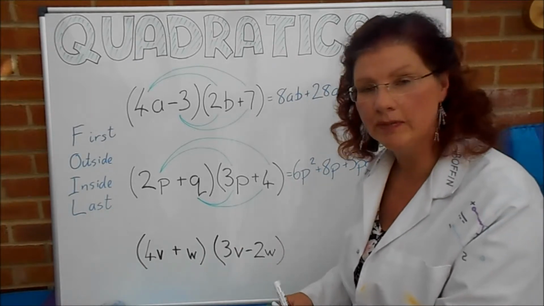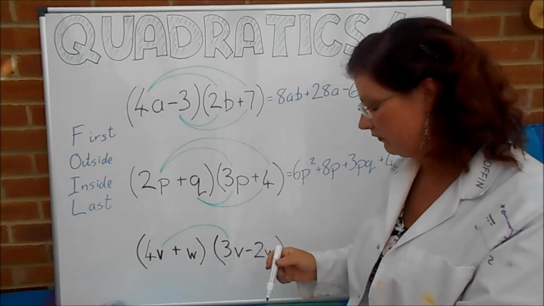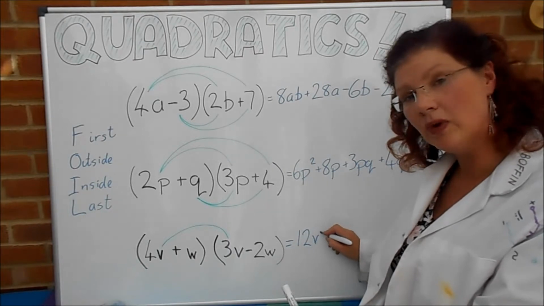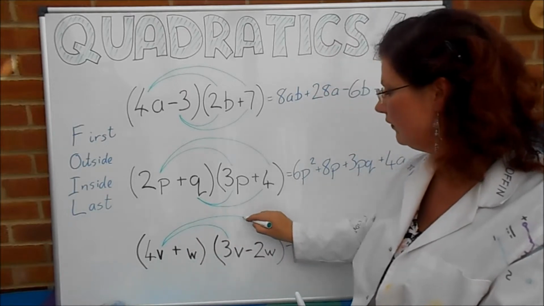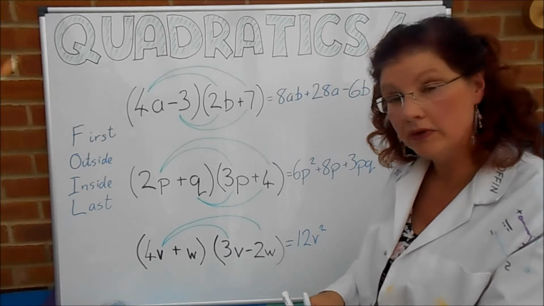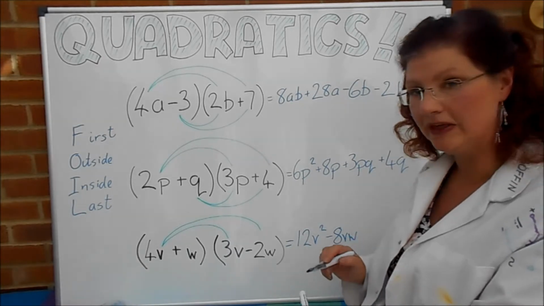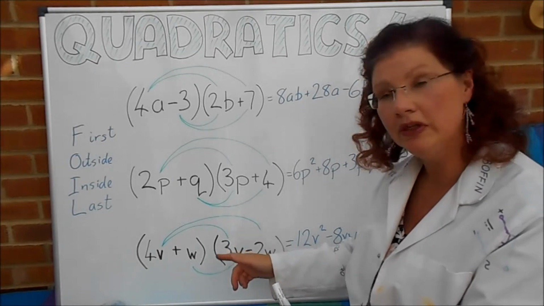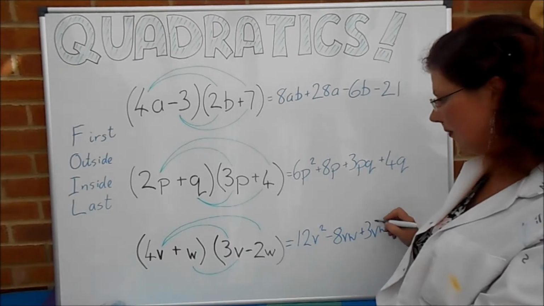And down here, the VWs. Now these will simplify a bit. So, starting off with the first one, we have a 4v times a 3v. That's a 12v squared. Then for the outside ones, we have a 4v times a negative 2w. So, numbers first, that's negative 8vw. Okay? The inside ones, we have a w times a 3v, so that's plus 3vw.